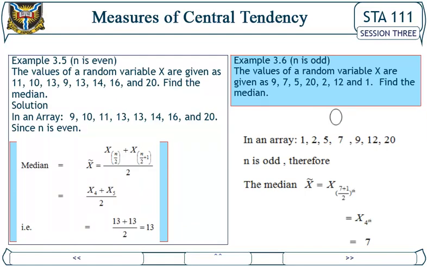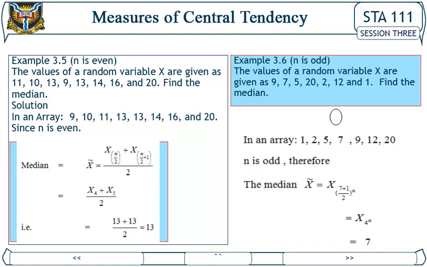Example 3.5. N is even. The values of a random variable x are given as 11, 10, 13, 9, 13, 14, 16, and 20. Find the median.